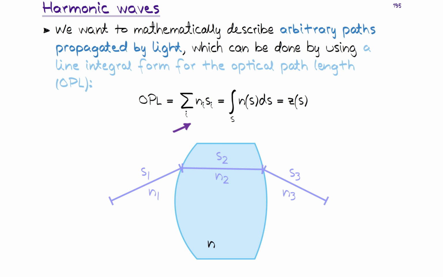This is how I could understand things. I could calculate the optical path length OPL by using a discrete summation like this, decomposing my propagation into these three different lengths.